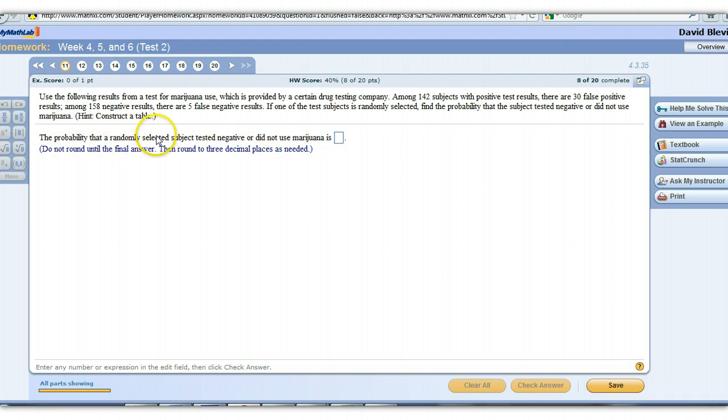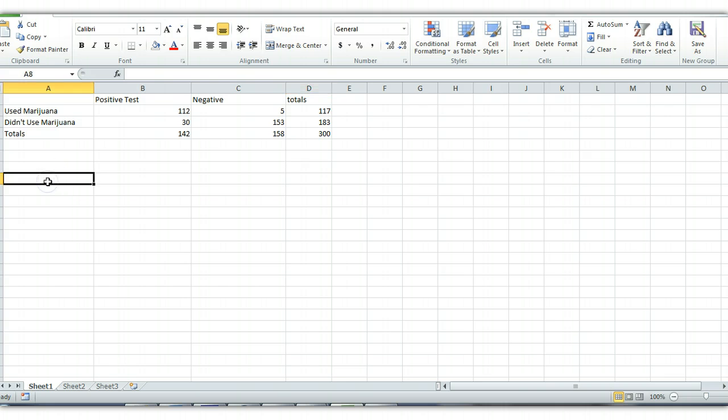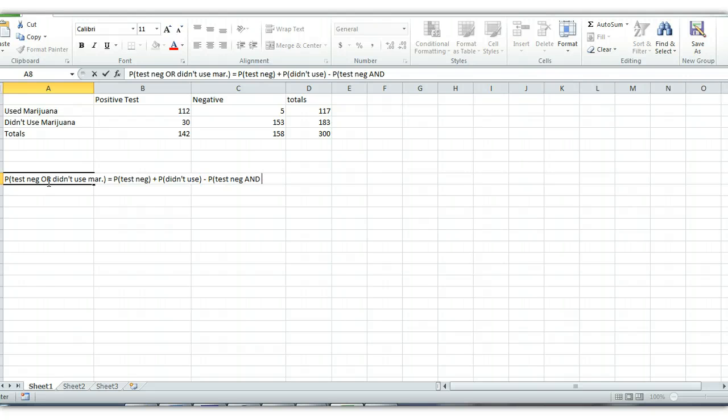Alright, now what's the probability a randomly selected subject tested negative or did not use marijuana? So once again, we got to use the or rule. Probability I test negative or didn't use, that equals the probability I test negative plus probability I didn't use minus the probability I tested negative and didn't use.